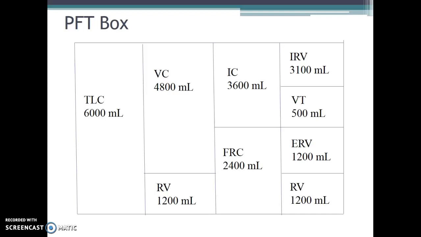And if you add 1,200 plus 1,200, you get 2,400 milliliters. VC is vital capacity. Normal for that is 4,800 milliliters. And if you can see there, that is composed of our inspiratory reserve volume, our tidal volume, and our expiratory reserve volume. And then everything added together is TLC, or total lung capacity.